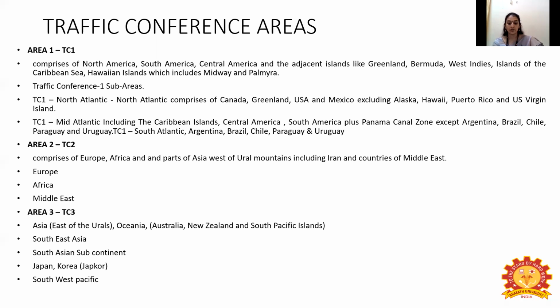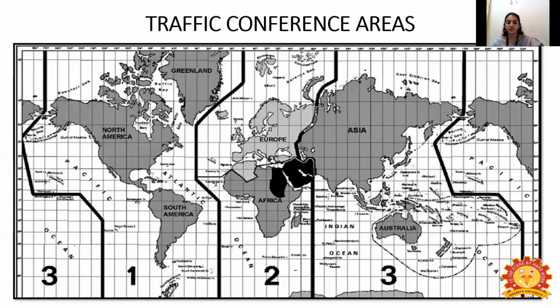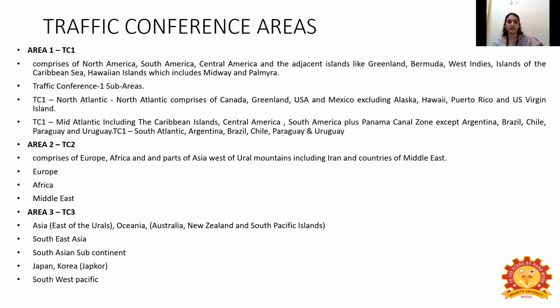And the next one, traffic conference areas. This is the map which I have shown you before for the global indicator, right? Area 1, area 2 and area 3. These 3 areas are called traffic conference areas. Under area 1, North America and South America come; area 2, Europe and Africa; and area 3, Asia and Australia and all that. You have various islands also located here and there, and those will be identified in their exact area zone.